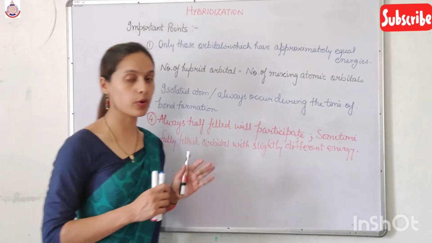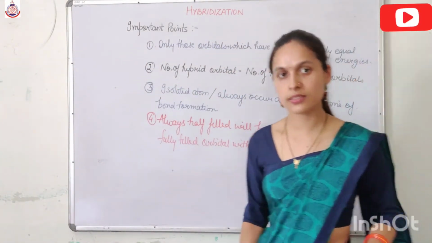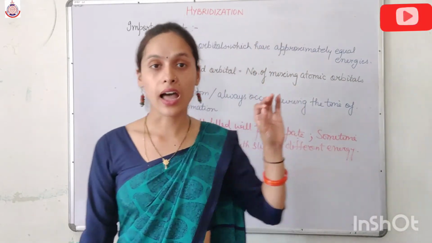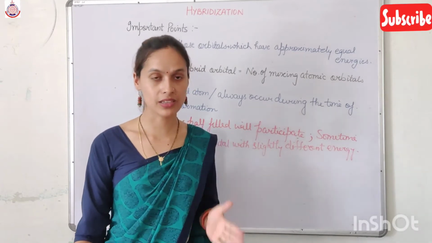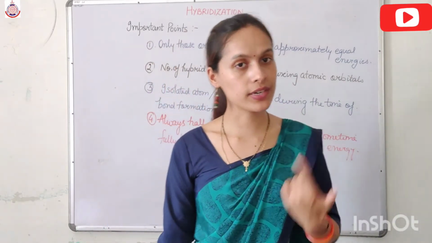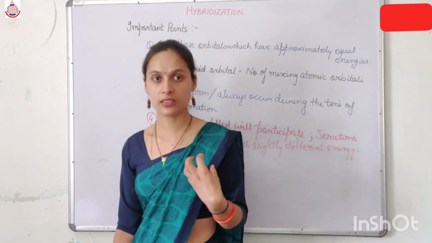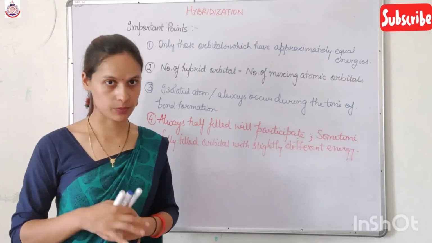So this is another point which we have to keep in our mind, that it is not necessary that always the half-filled orbital will participate in hybridization. Sometimes a fully filled atomic orbital with slightly different energy can also participate in the bond formation.